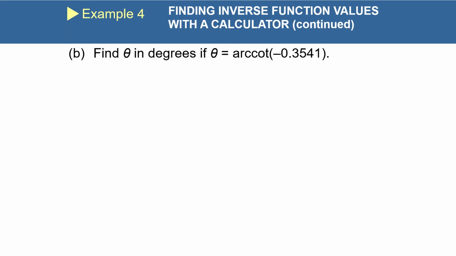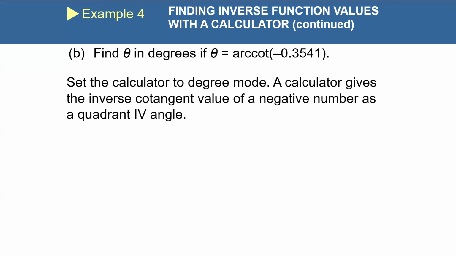So now someone asks, what happens if it's a decimal? Okay, when there's a decimal, that means that you're putting it under 1. Cotangent is a reciprocal of tangent. So when I put it in the calculator, I need to make sure that it's in degree mode first because it's asking for the degree.